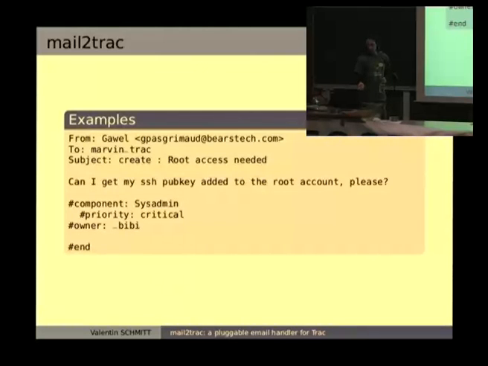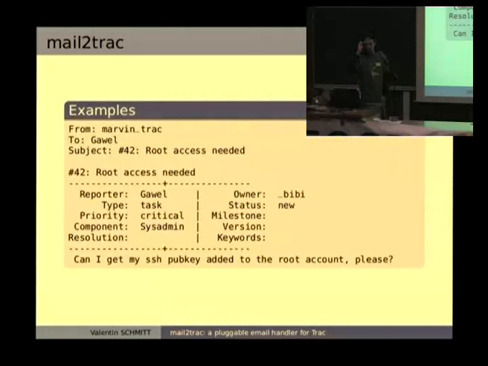So, what do we get? These are the keywords that are parsed by the mail2trac plugin: create, the whole tags that I just explained, and the end. And that's the answer you get from Trac, the notification. We can see the right fields have been set here.